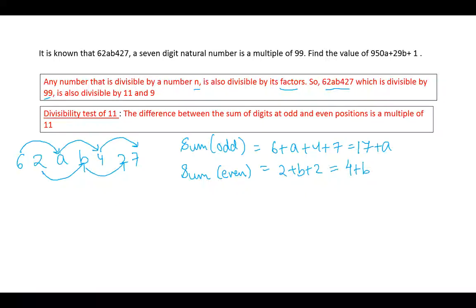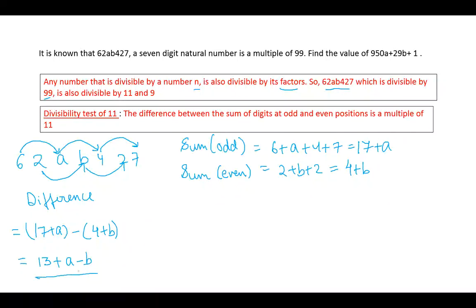Now we have to look for the difference. The difference between the sums of digits at odd and even positions is 17 plus A, minus 4 plus B. The result that you get is 13 plus A minus B. Now this is the number that we have to check: for what values of A and B does this become a multiple of 11?